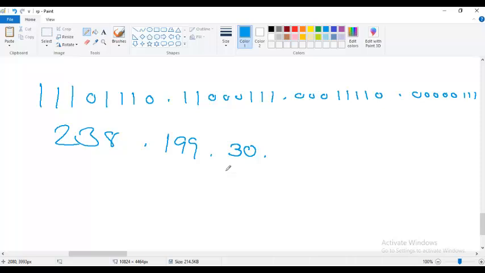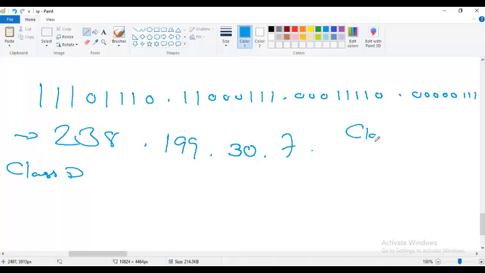You know what? This is what is called a class D address. In IP address, we have class A ranges from 1 to 127. Class B ranges 128 to 191.